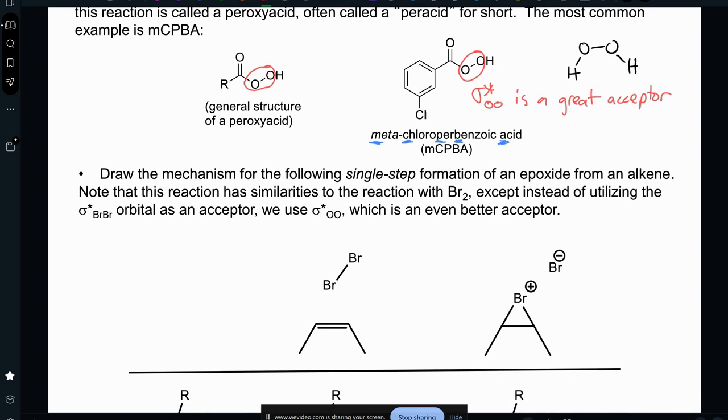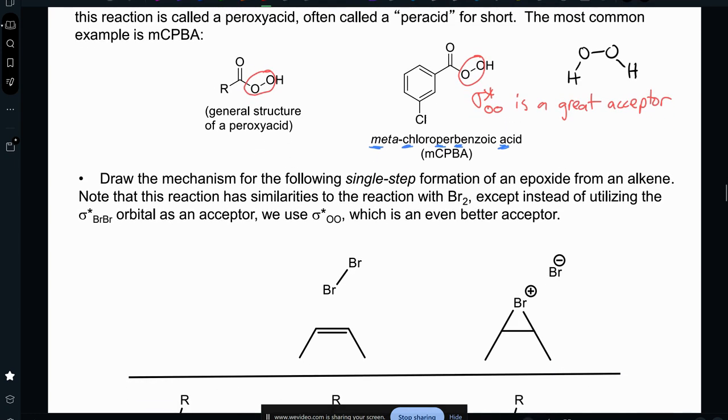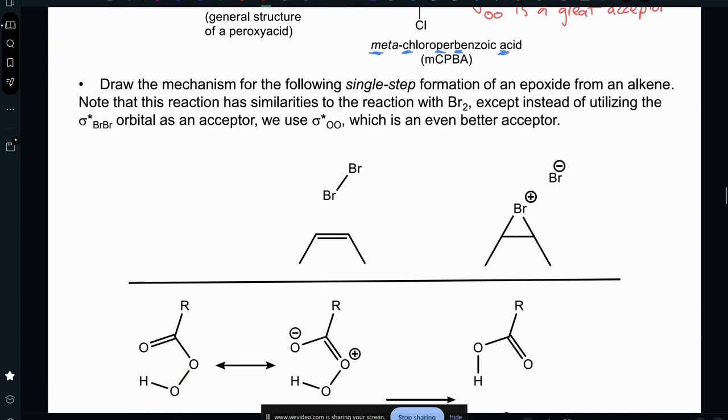So this reaction where we react an alkene with MCPBA is going to follow a mechanism very similar to one we've seen before, where we form a three-membered ring, and that is the formation of the bromonium ion. So you might remember in that reaction, we had two things going on. We had the pi CC attacking sigma star BRBR, still my favorite orbital to say.